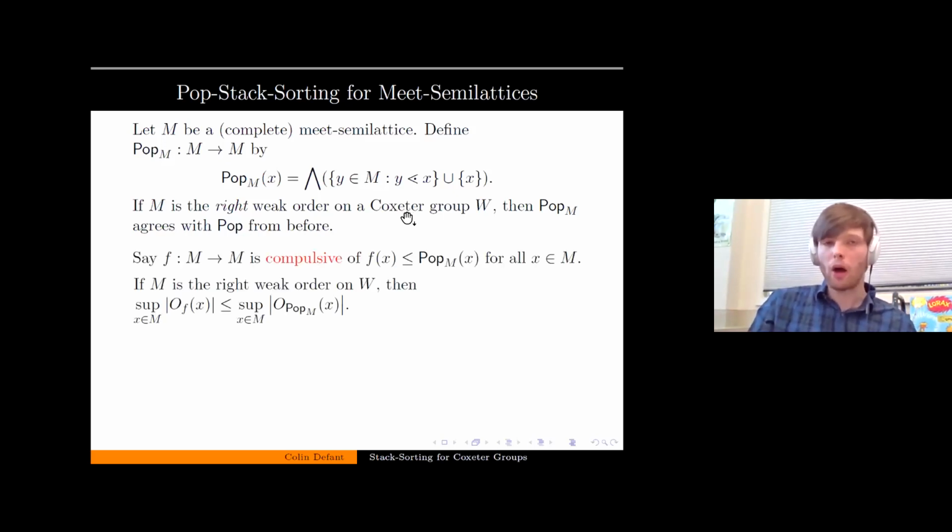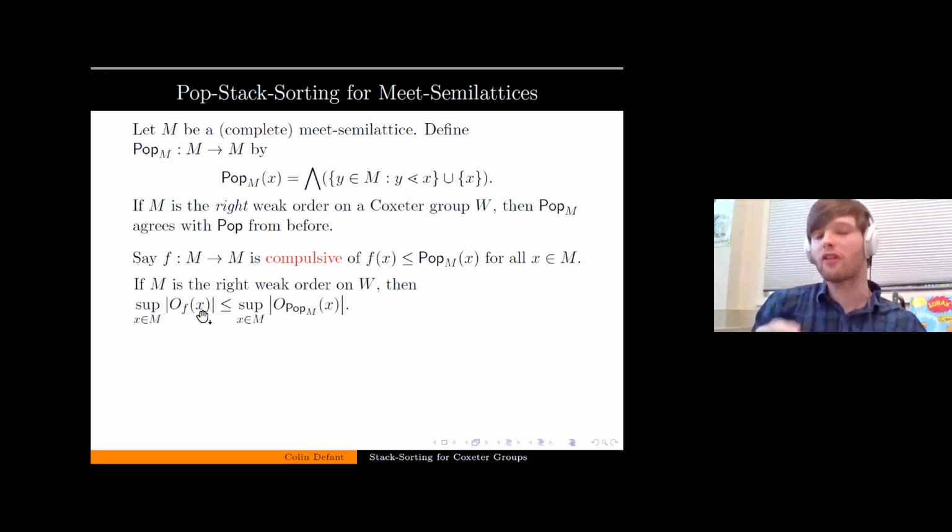Again, we can define compulsive maps in this setting. We'll just say that a map f from M to M is compulsive if f of x is less than or equal to pop sub M of x for every x in our meet semi-lattice. Now, if M is the right weak order on a Coxeter group, so that this is actually just the Coxeter pop stack sorting operator I was discussing before, then we have this inequality here. What is this saying?